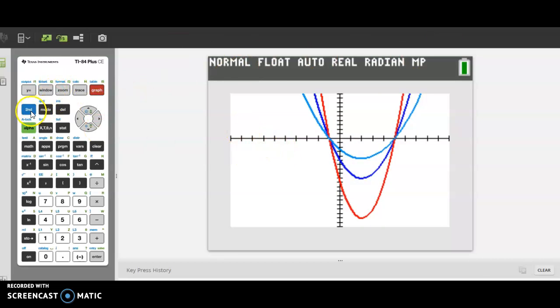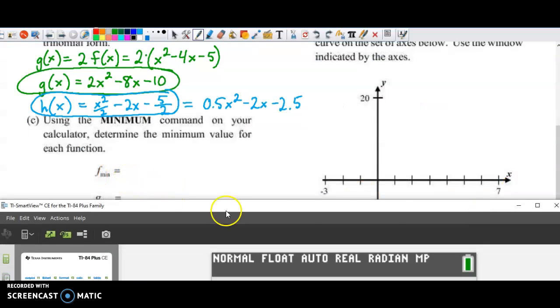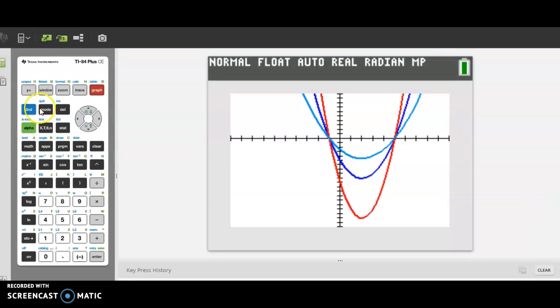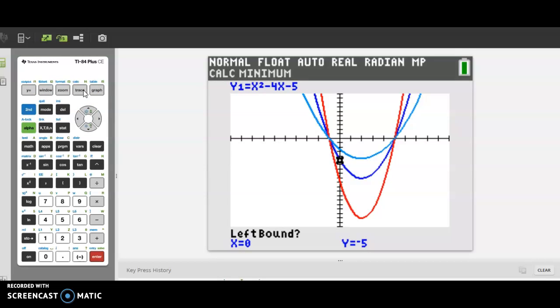I'm going to go ahead and do letter C before I actually type this in. We can find the minimum by hitting second trace and then the third option down, enter on that one. What you have to do is move your cursor around, and if I want the minimum on f, that was my dark blue one, I have to hit enter to the left of my minimum, enter to the right, and then somewhere in between.